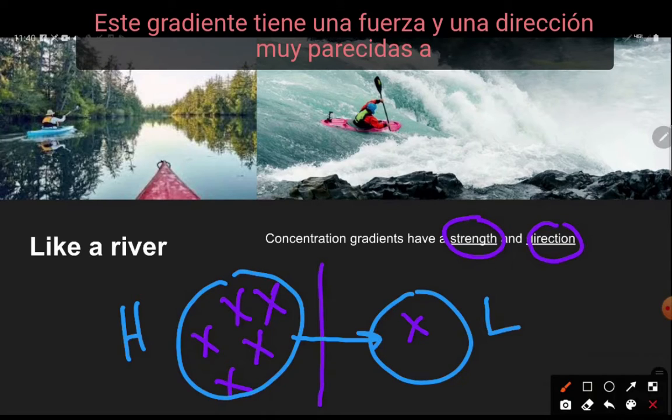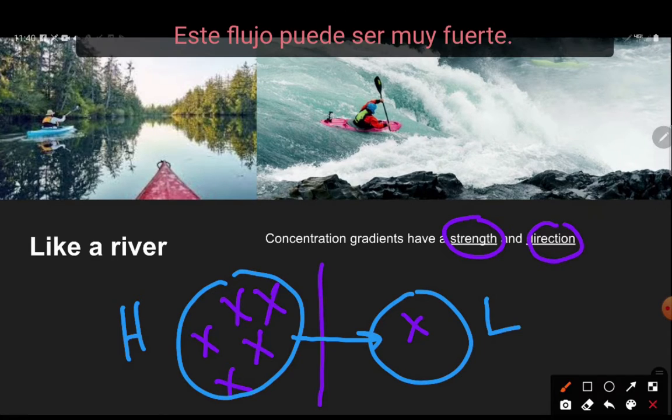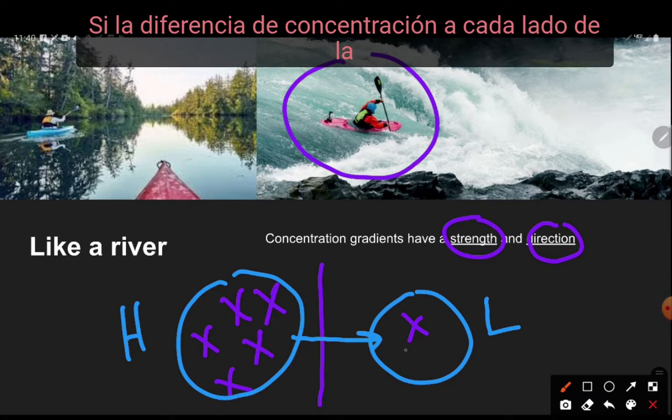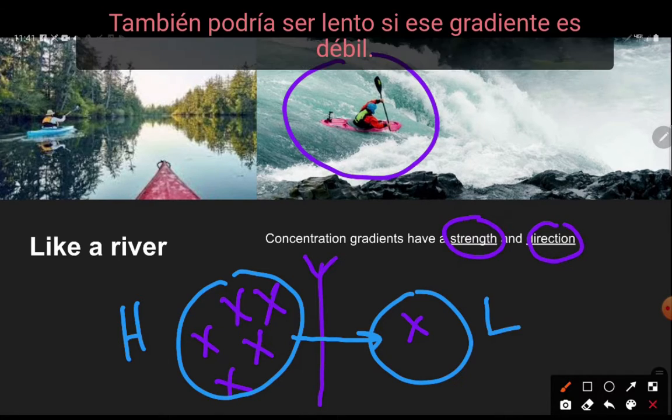This gradient has both a strength and a direction, a lot like a river. This flow can be very strong if the difference in concentration on either side of the gradient is large. It could also be slow if that gradient is weak.